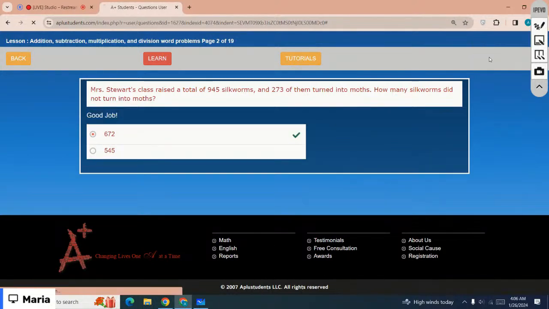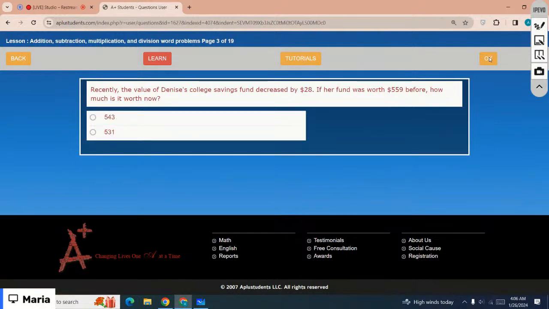Okay, the next one is: recently the value of Dempsey's college savings fund decreased by $28. If the fund was worth $559 before, how much is it worth now? So before the savings fund decreased, they had a total of $559, right? Then the fund decreased by $28. So what is the worth now? Which is the correct option? What do you have to do?